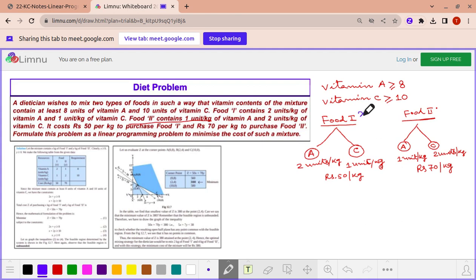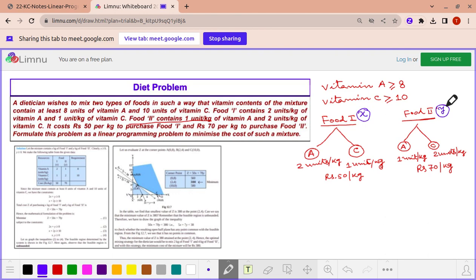Then what will be the cost of the entire mixture?